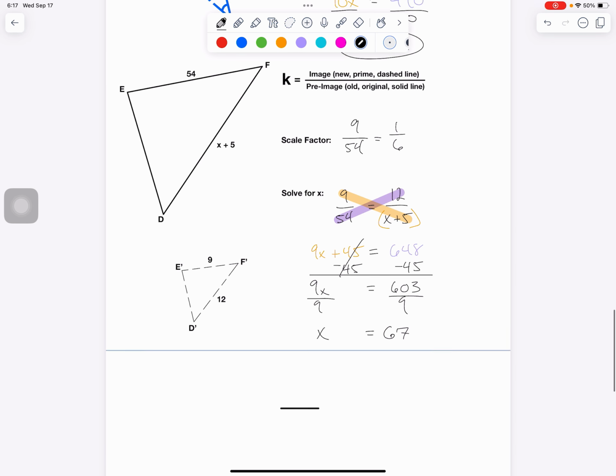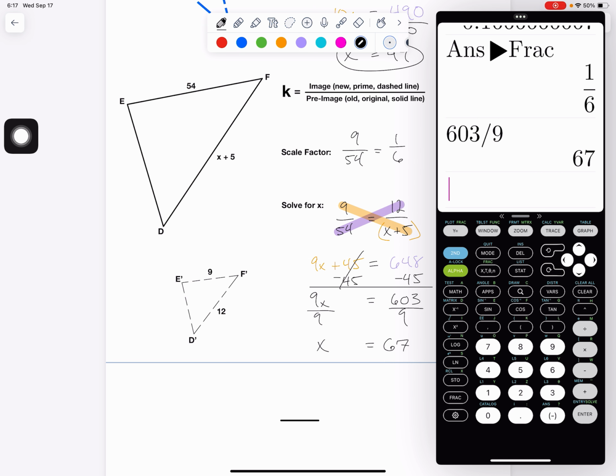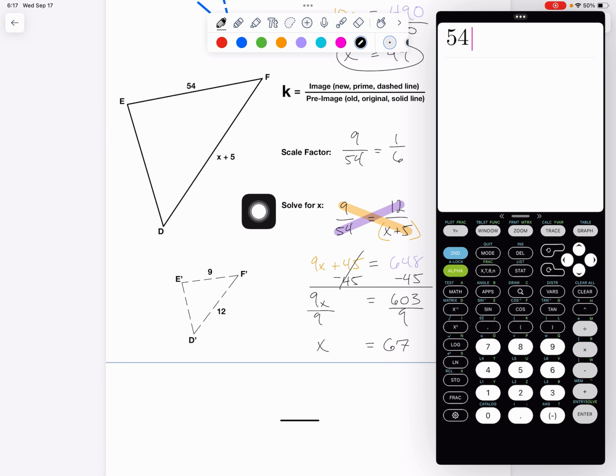Okay, now another way to use this scale factor. All right, well, if we know we're solving for this, let's take our 54 and divide it by its corresponding side of 9, which equals 6.